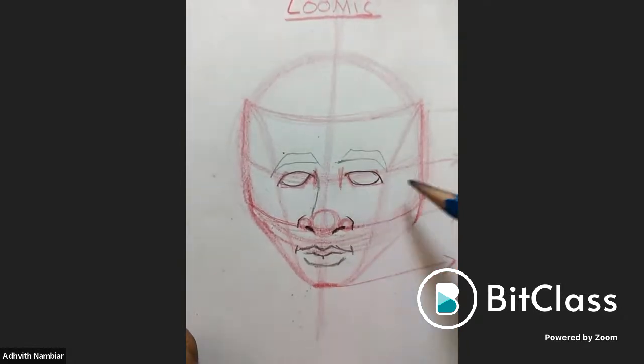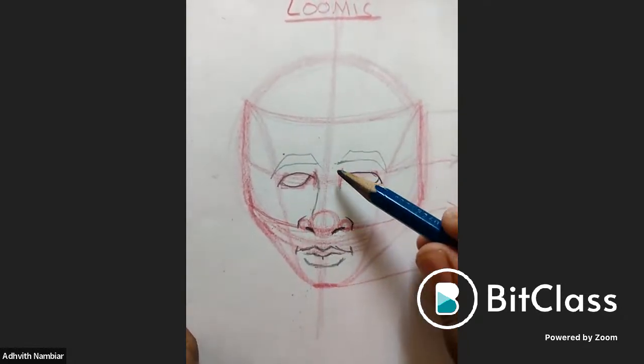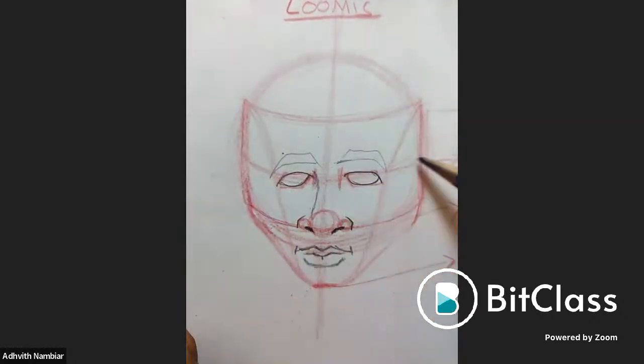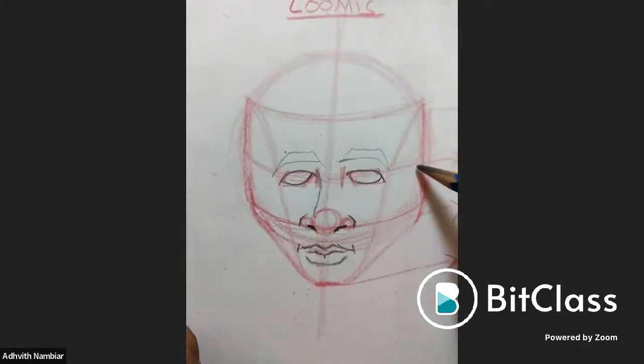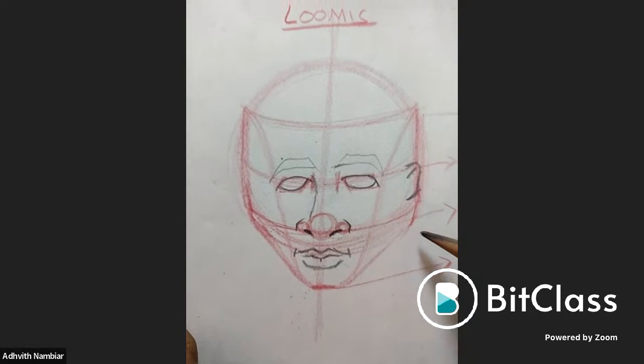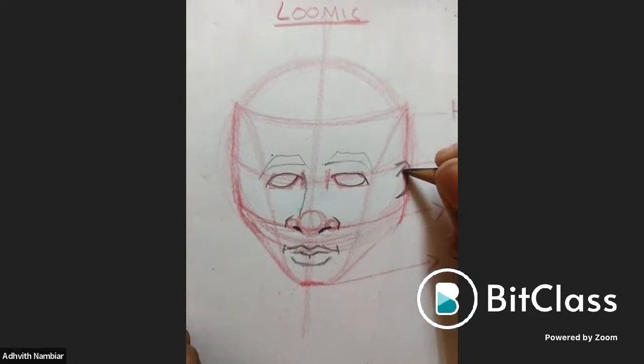Now let's do something else. Let's do the ears. So the ears should always be at the same line as the eyes. So here I'll do one here, just very simple. Okay, just like this. There's no need to make it poke out of the side of the face. That's not necessary.